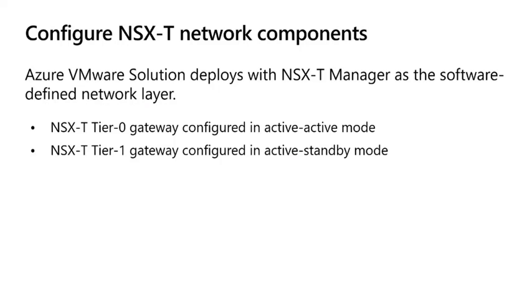There are two types of gateway that are needed in our AVS solution. The first one is the NSX-T Tier-0 gateway, and that one you have no control over.